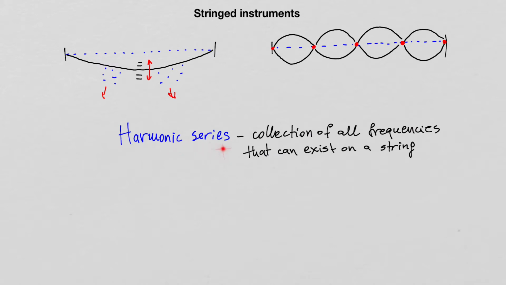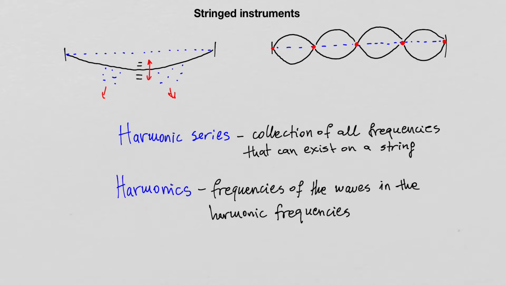The harmonic series is the collection of all frequencies that can exist on a string. The frequencies of those waves from the harmonic series are also known as harmonics. Harmonics are the frequencies of the waves in the harmonic series.